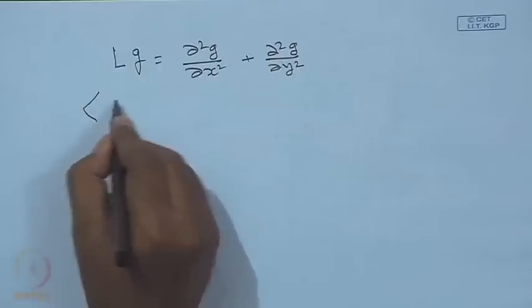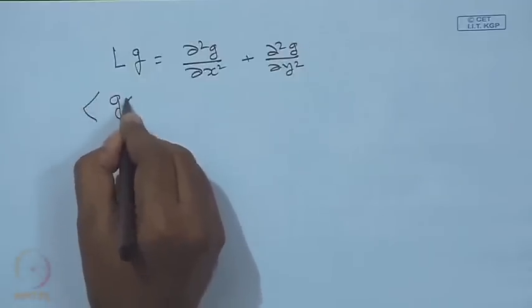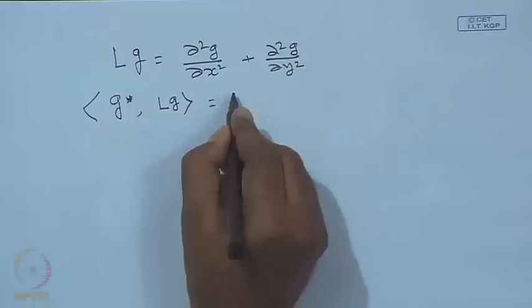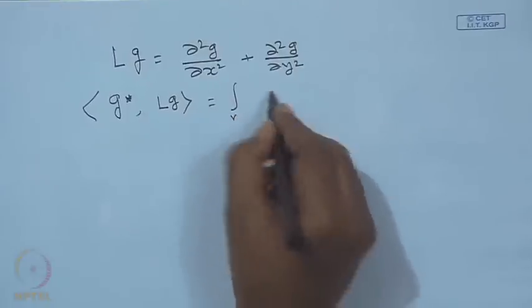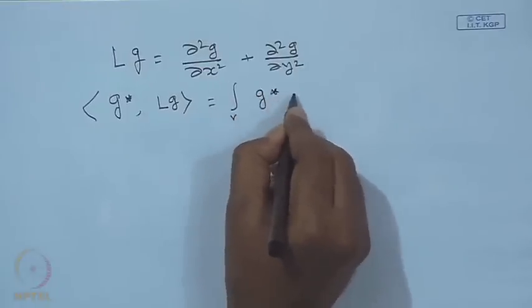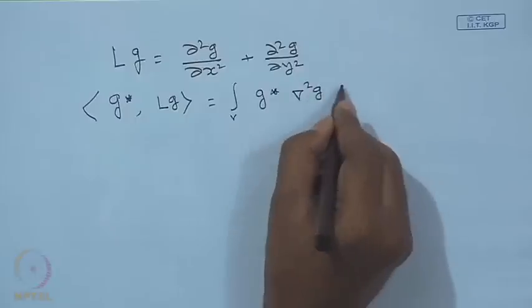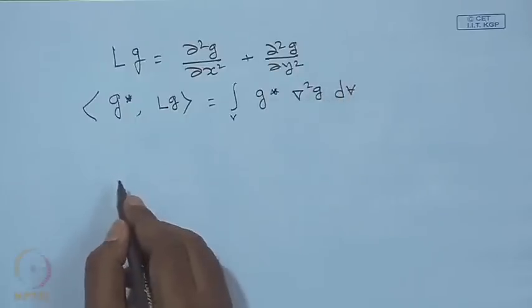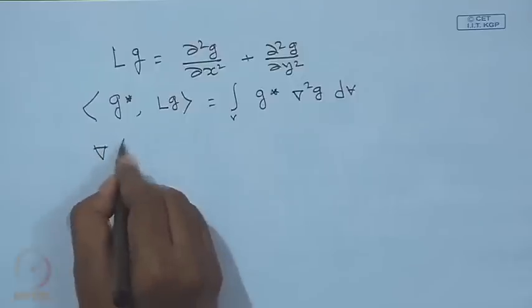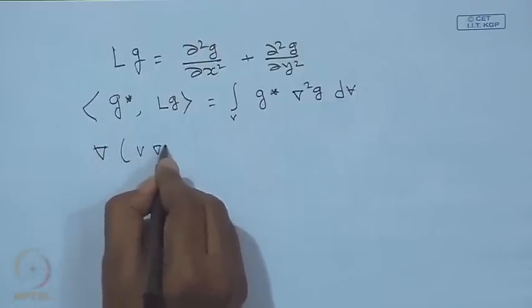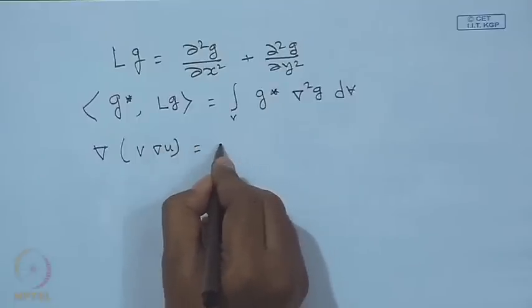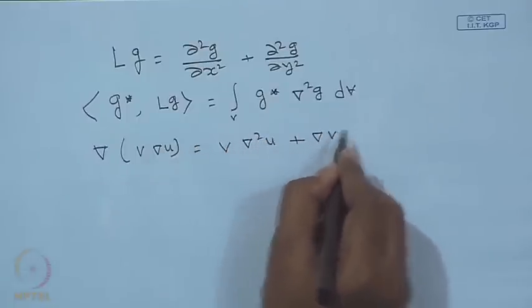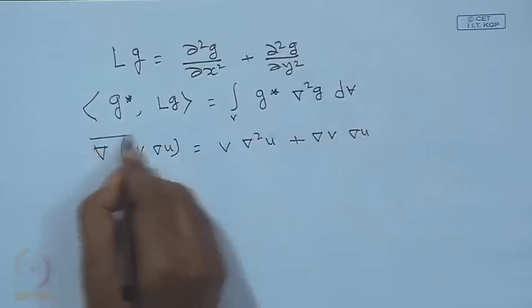Now, if we evaluate this inner product g star L g, that is nothing but the volumetric integral of g star grad square g dv. Now, again we utilize the identity: divergence of v grad u is nothing but v grad square u plus grad v dot grad u.